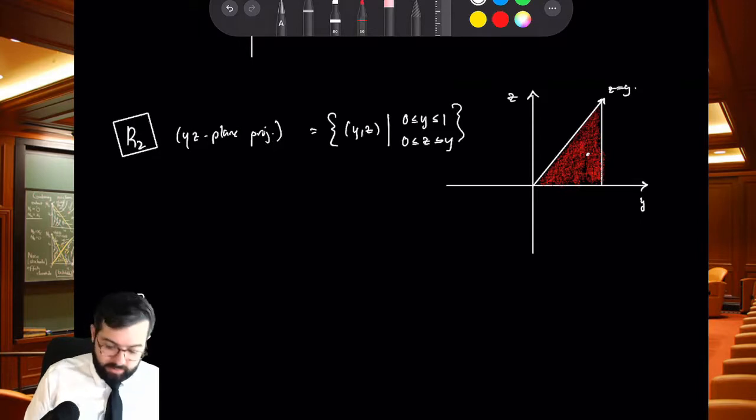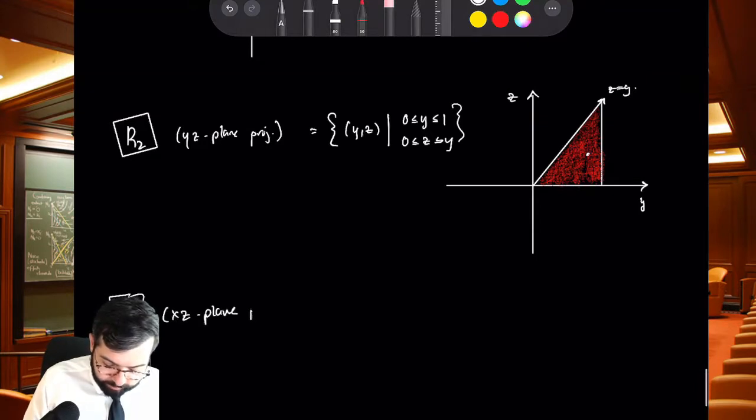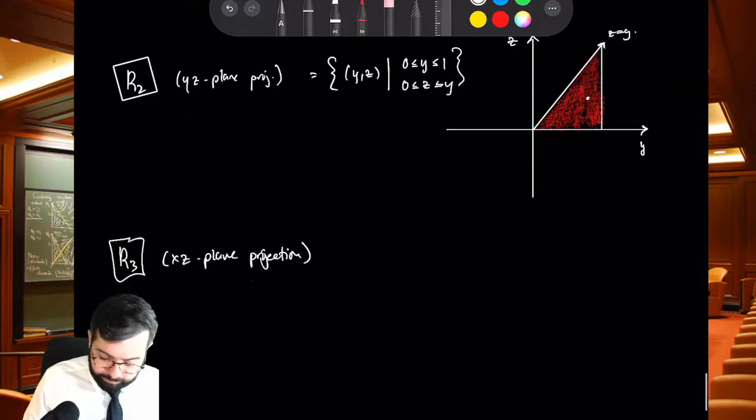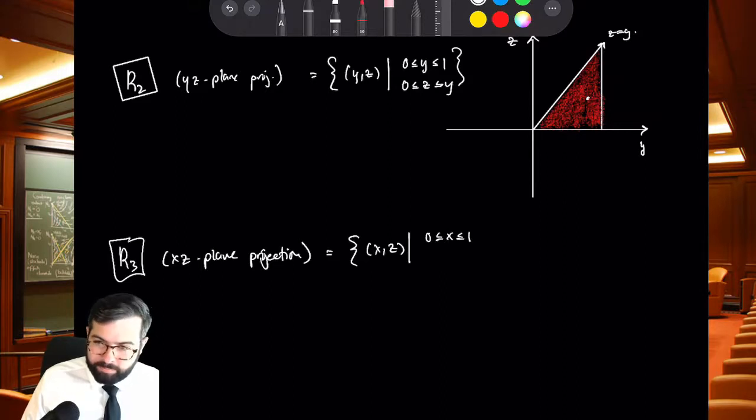And the last way to view this is in the XZ plane projection. And so what is R3? Well, it's just points XZ, where we know X is bound between 0 and 1.